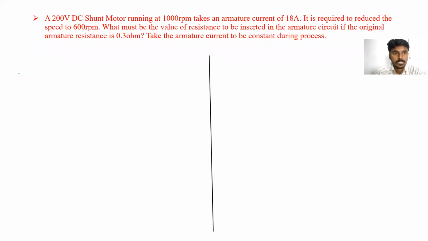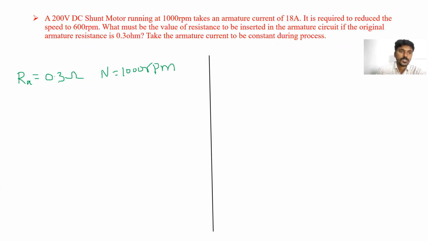If armature resistance Ra is 0.3 ohms, then the motor is running at speed N equal to 1000 rpm.